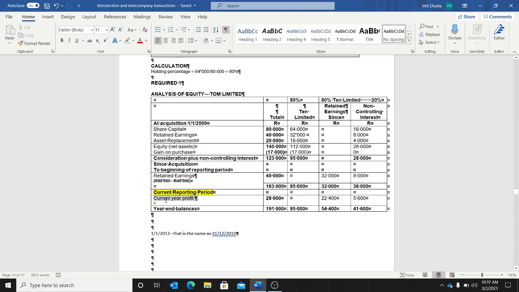Here's the current period. You've split that into 80, 20. So if you add that column, it gives you 191 here. 95 is still 95. Here, it gives us 54 now because we've added 22. Okay. Right. This one here is 41,600 because we've added 5.6.